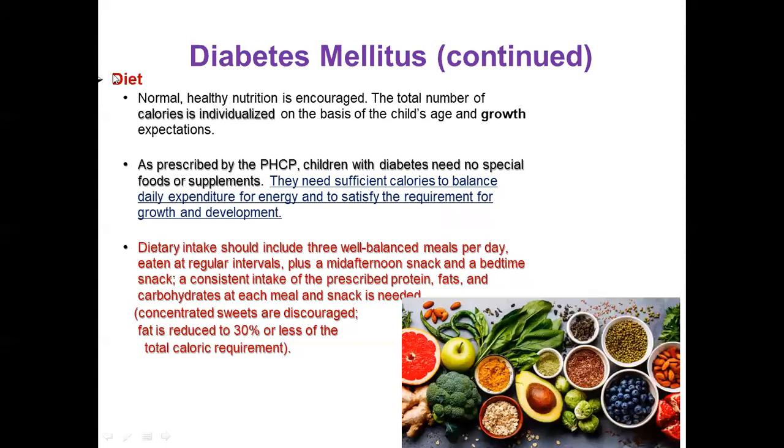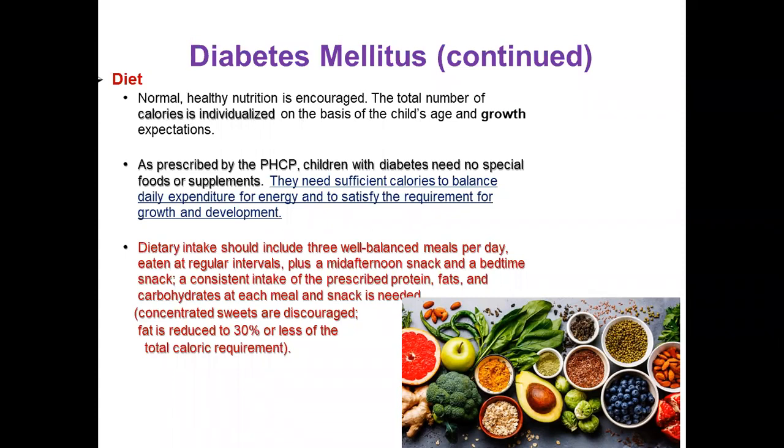First of all, come in the diet. Normal healthy nutrition will be encouraged. Encourage them to eat healthy food. The total number of calories is individualized on the basis of the child's age and growth.